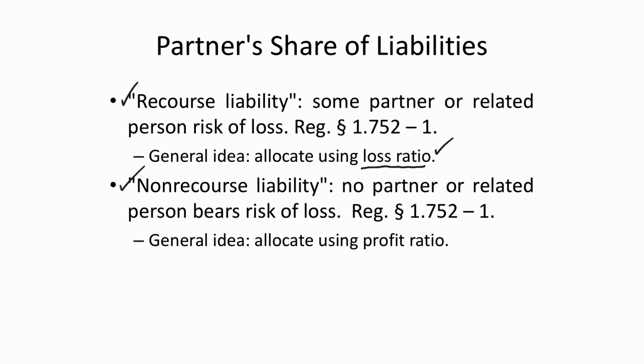But if you are doing non-recourse, we use the profit ratio, and the reason why is because if your business does well, you're going to pay off the liability. If your business does poorly, you're going to default on the liability because you're not subject to it, right? So a bank is going to take it over. You don't have to worry about it anymore because your business did bad. You lost money. So we use the profit ratios because that's when you're going to pay for non-recourse.